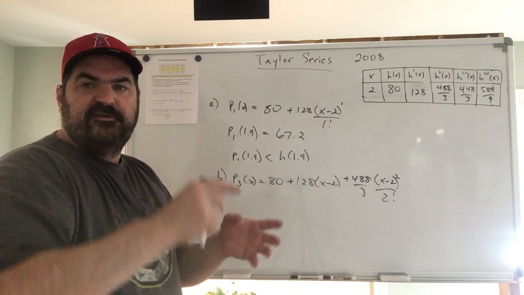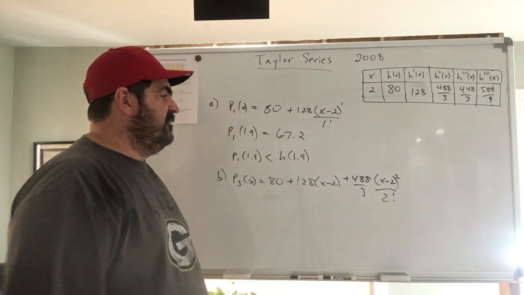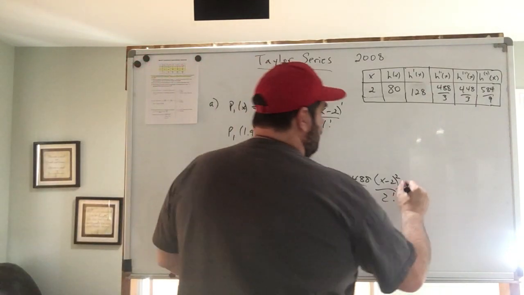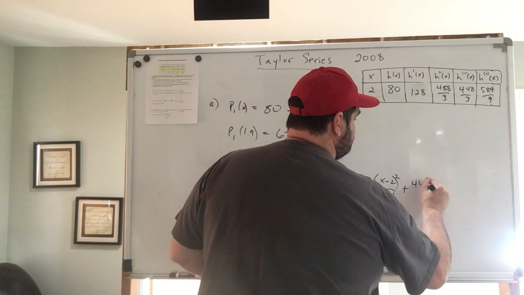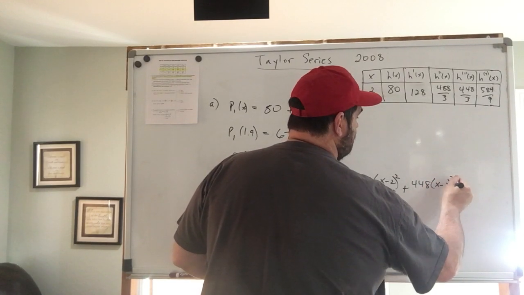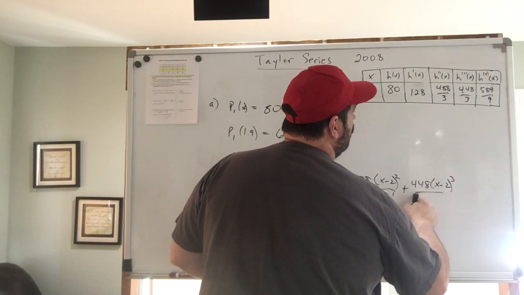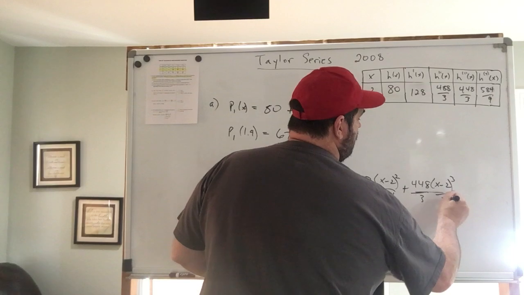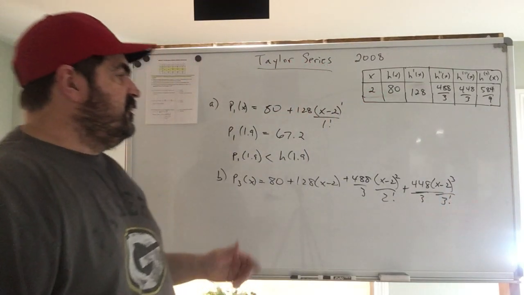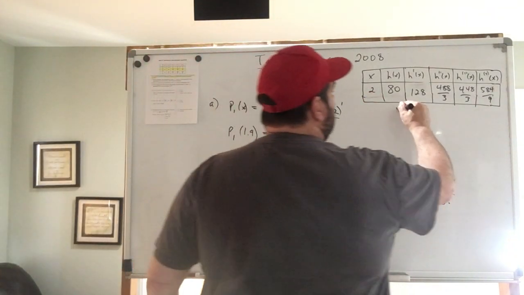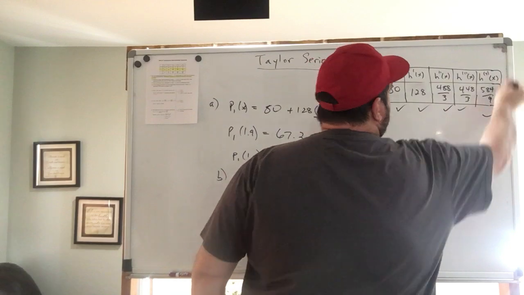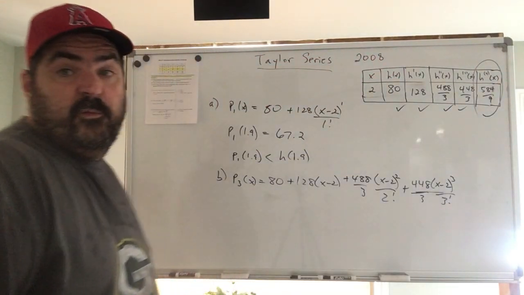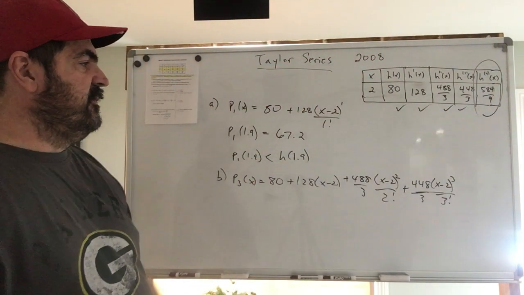Remember, it's just going to be x minus the center, squared, over 2 factorial. Then we got 448 over 3, and we also have the 3 factorial, times x minus 2 cubed. So I only have to do those. They left that one off. We could have gotten a fourth degree, but they asked for a third degree.